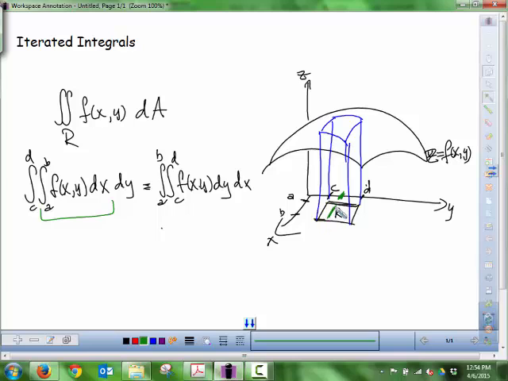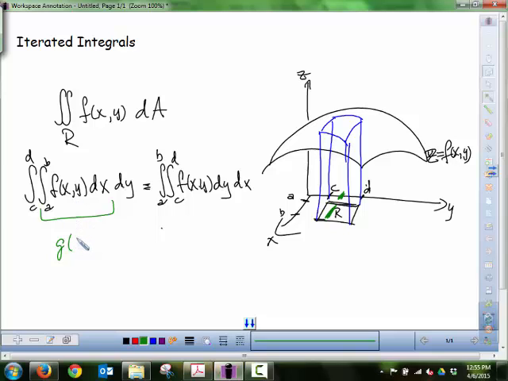When you integrate this, you might still get something with a function of y in it, because you're holding y constant. And so what you're getting is a slice.